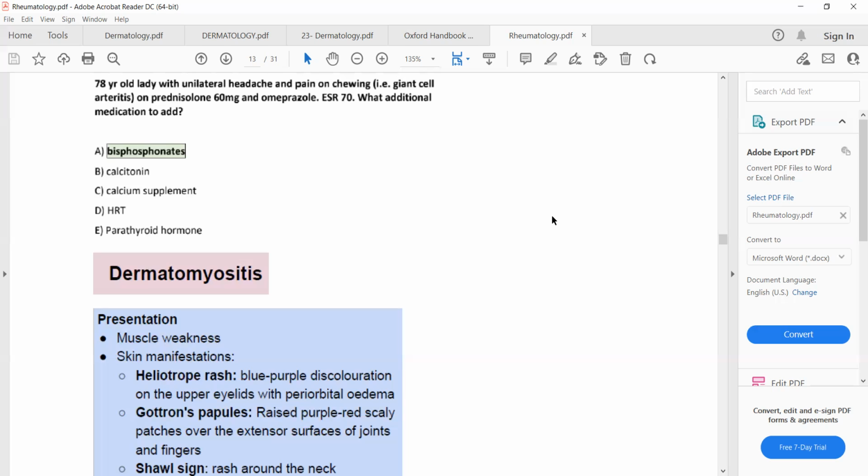And one more point about ESR is that ESR can be done to monitor the disease because ESR is a marker of inflammation. So after starting steroids, we can do ESR to see if the inflammation is settling down or not. We discussed yesterday that in the monitoring of SLE, ESR can be used.